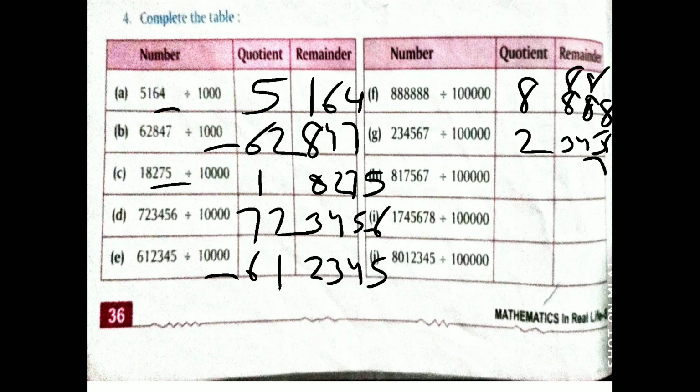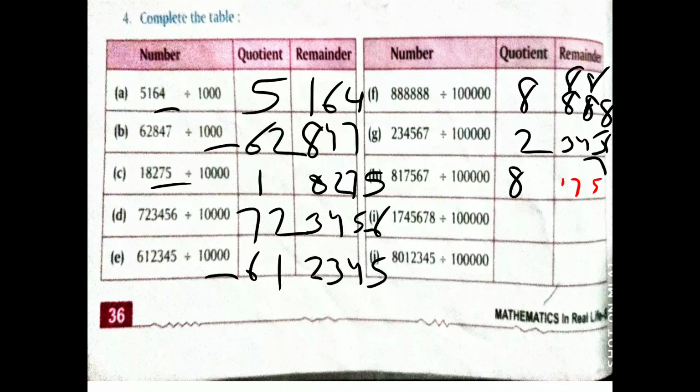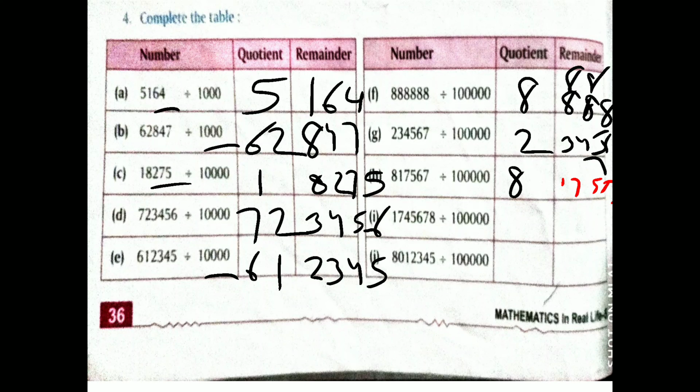In this manner you have to do. Again see, there are 5, so you put 8 here. And here you write 1, 7, 5, 6, 7. Clear?